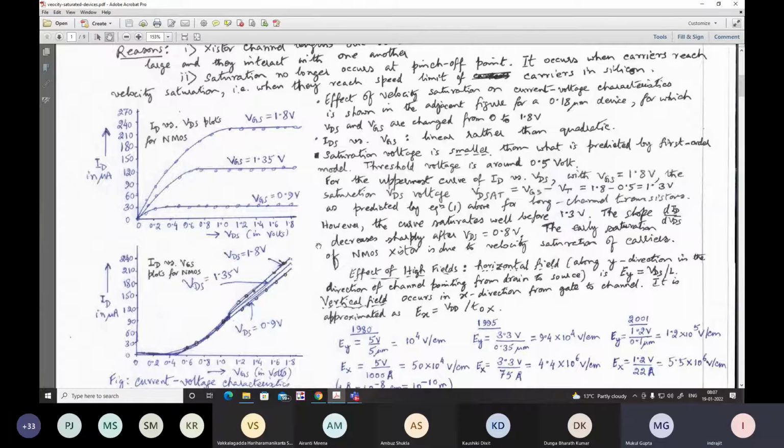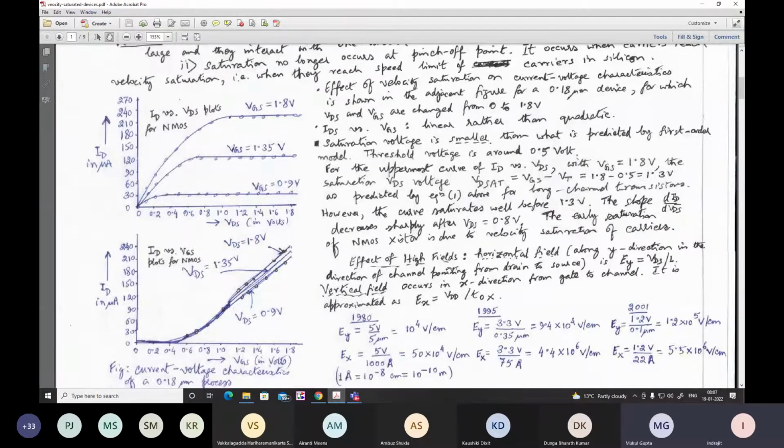Now, as we see, the slope of these current curves, these characteristics, becomes almost parallel to the x-axis, that means the drain to source voltage. Now the reason for this, we shall try to find out.